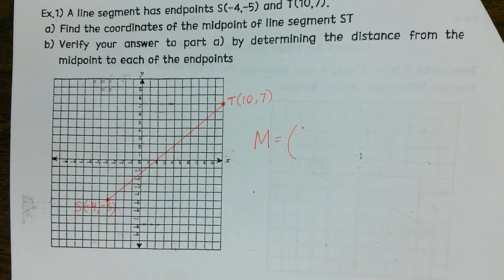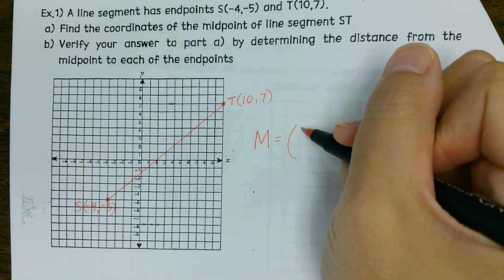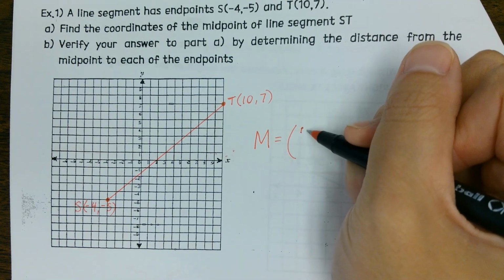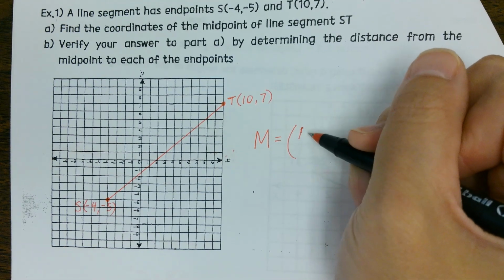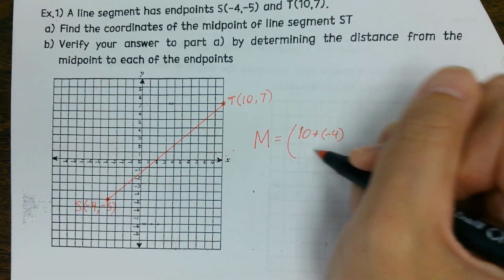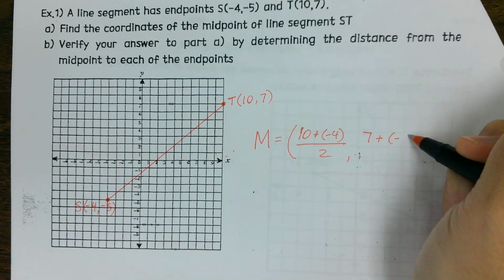Okay, so you can just tell me what numbers to plug into the formula. X1 plus X2 divided by 2. So what's X1? -4, good. Perfect, yeah.